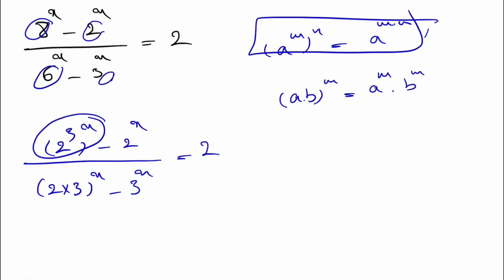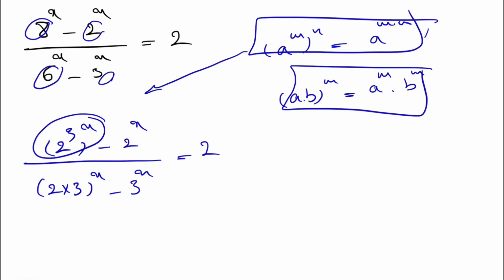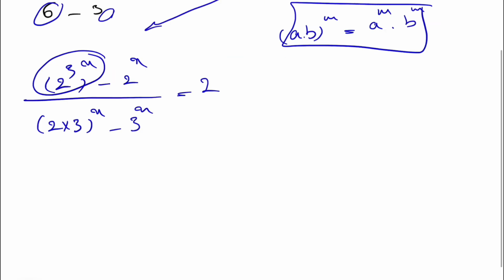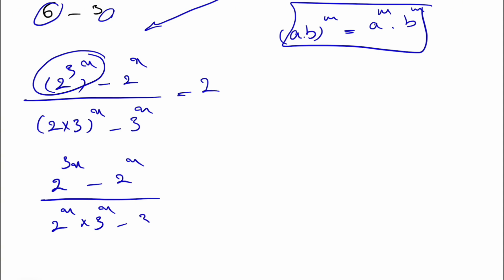So we're going to use this one for the first expression, and the second one for what we have in the denominator, where we break down 6 to 2 times 3. So we will have 2 to the power of 3x, minus 2^x, divided by 2^x times 3^x minus 3^x. This will be equal to 2.